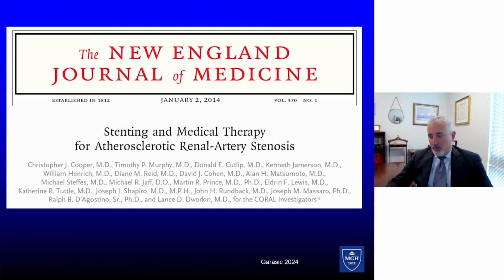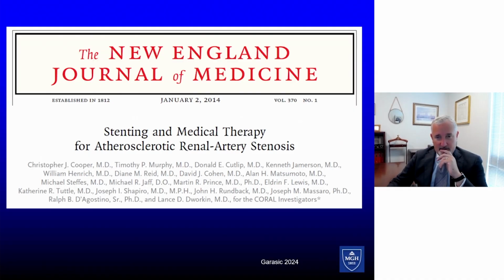And CORAL was meant to be sort of the best of these randomized trials, with PIs who were an interventionalist and Lance Dworkin, a nephrologist, really trying to get at the question of, is there any benefit to be had?